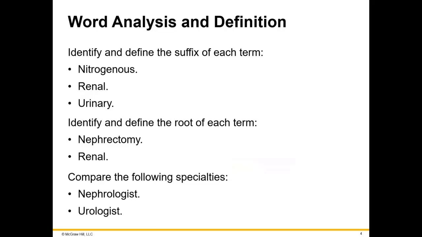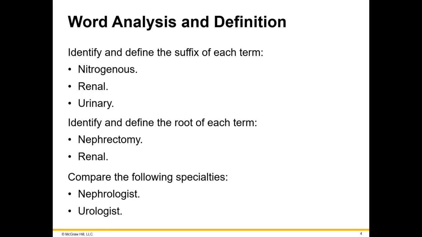All right, here we're going to identify and define the suffix of each term. So we have nitrogenous. Anybody want to tell me what they think that suffix might be and what it might mean? Containing nitrogen, we're looking for the suffix.